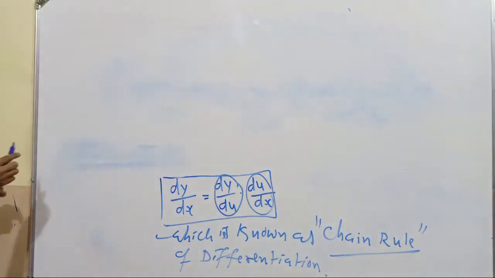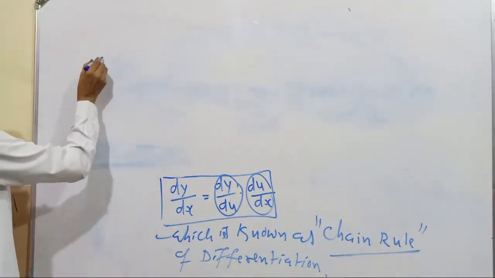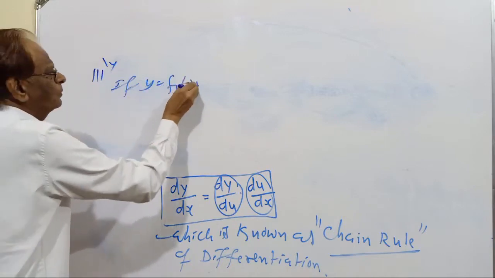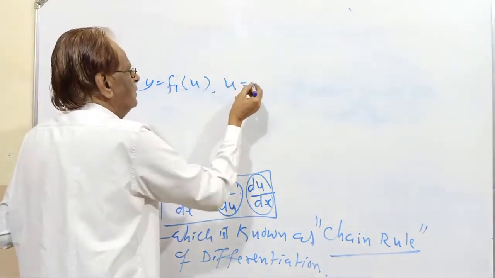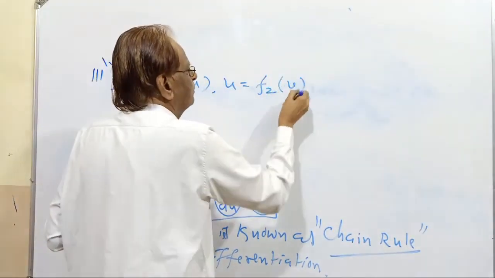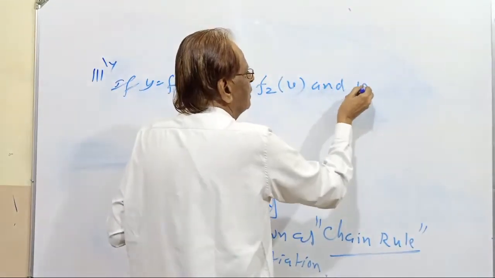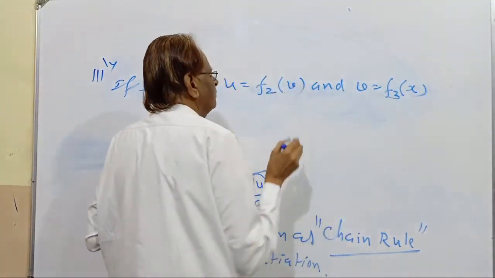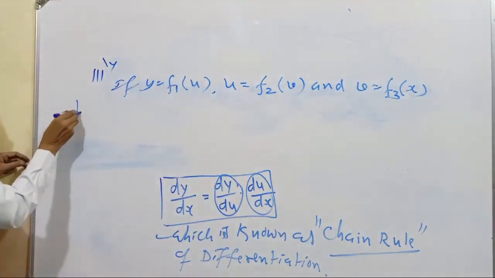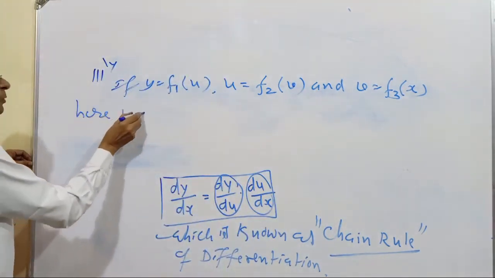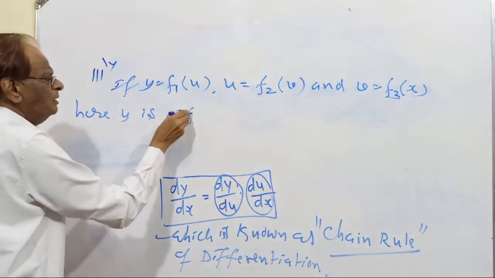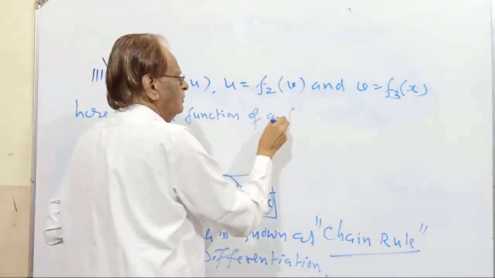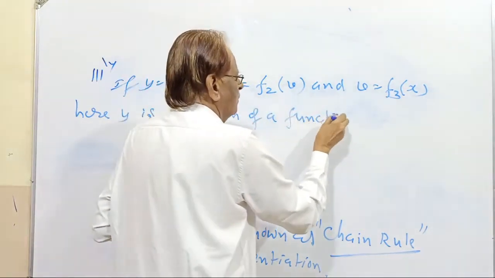Similarly, if y is a function of u, u is a function of v, and v is a function of x. Here, y is a function of a function of a function.